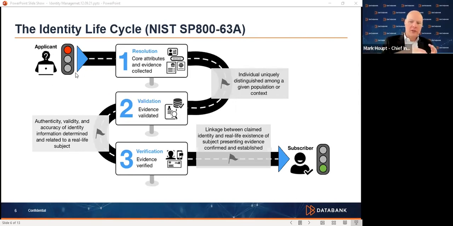And here's where you start linking the electronic scenario in with the real life, as they put it, the real life existence here, where you may have a smartphone or something that will tie to that individual. And then, once you've moved through these processes, they become a subscriber.